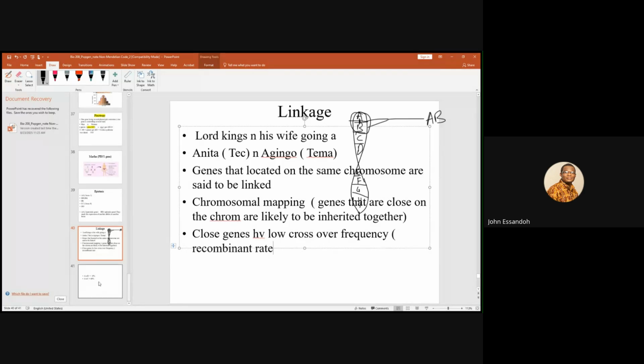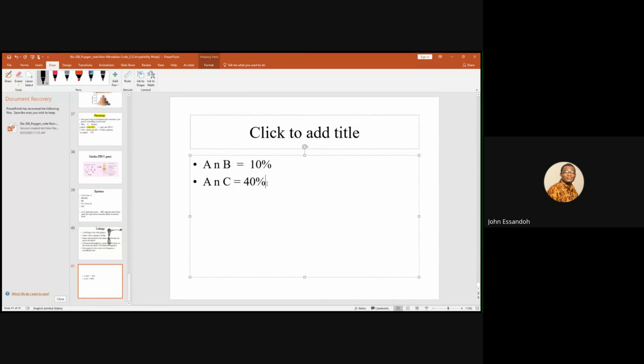Here, if you look at the genes that I've written on my screen, if I ask you to arrange these genes on the chromosome, how would you arrange them?